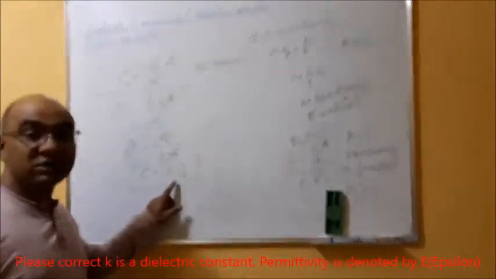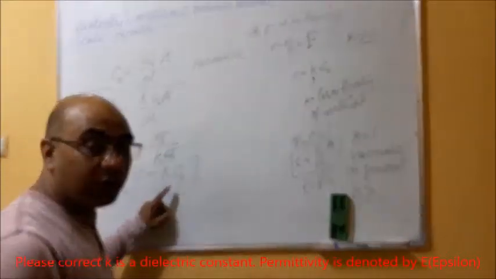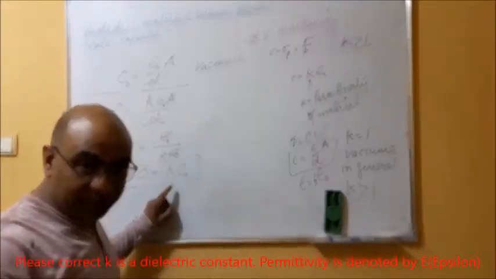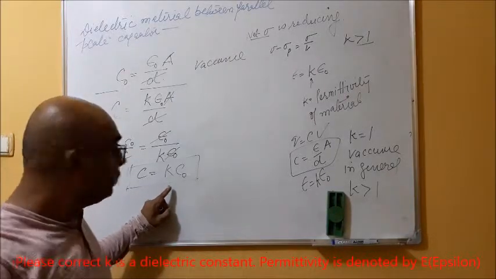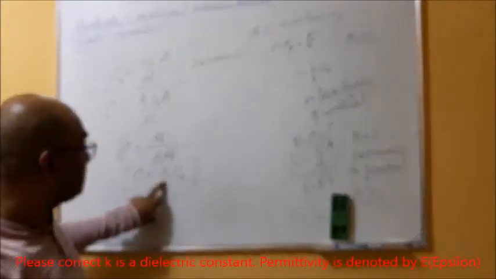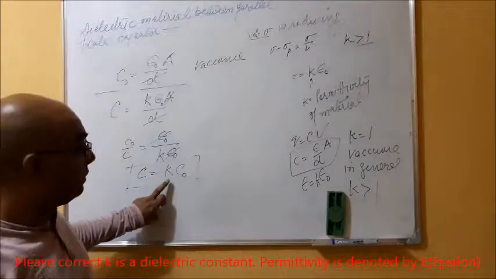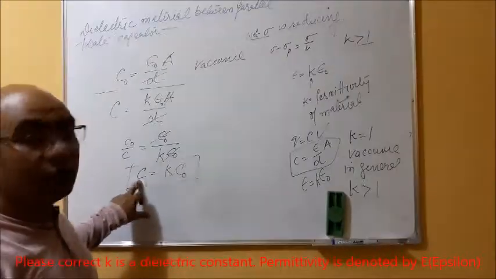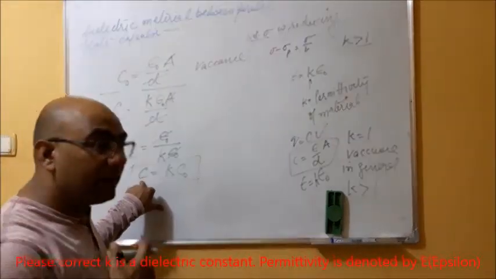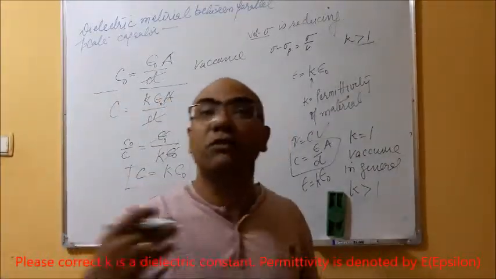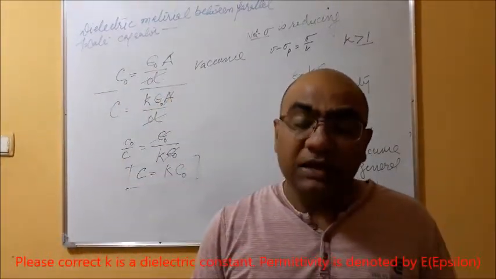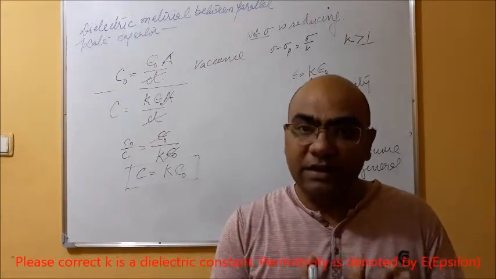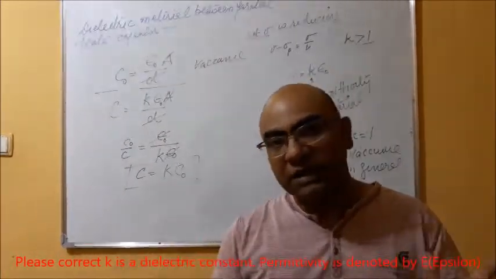So C naught is the capacitance when we have vacuum between plates 1 and 2, and in general, if we fill a material with permittivity k, the new value of capacitance will be C. Hence we can increase the value of capacitance by inserting any dielectric material between the plates of the capacitor.